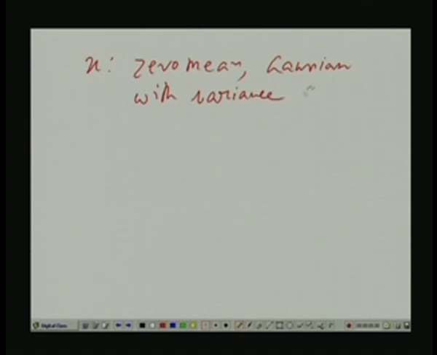As an example, see this. Suppose x is a zero mean Gaussian with variance sigma square. In that case, what happens to phi x, that is the expected value of e to the power j omega x?